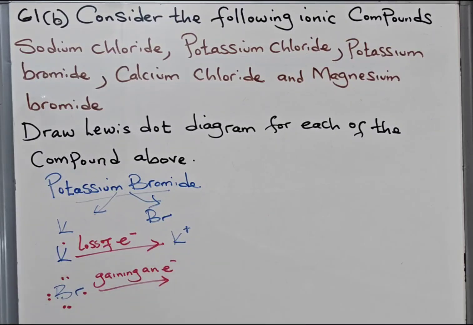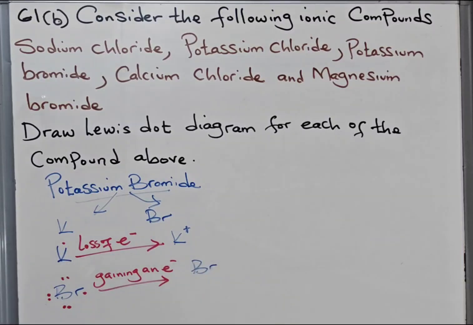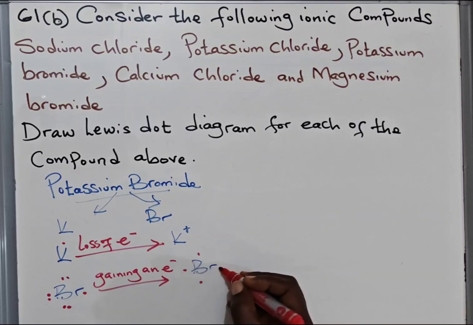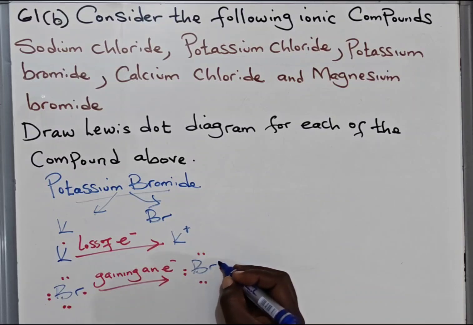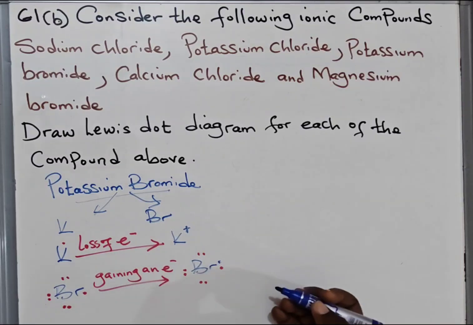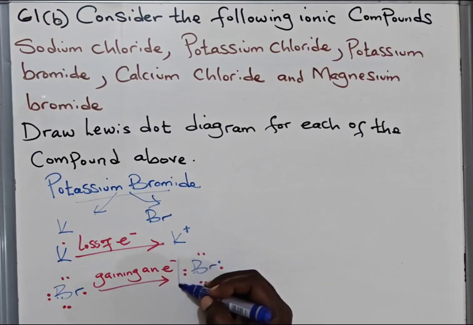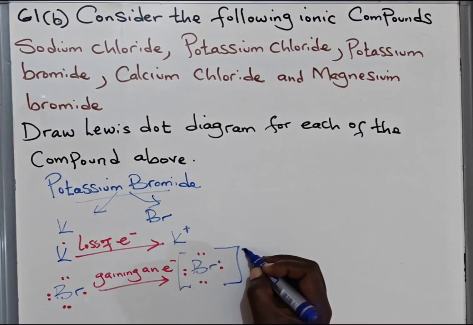So if it gains an electron, it will become Br with the 1, 2, 3, 4, 5, 6, 7, and then the one it gained, which is here. Because it gained an electron, which is negatively charged, it attains a negative charge. And conventionally, we are supposed to put a bracket here with our negative charge here.